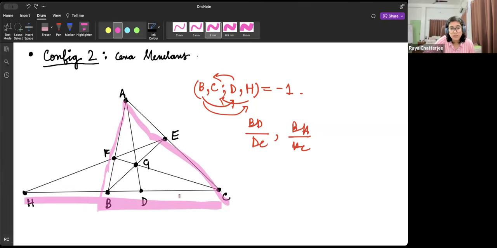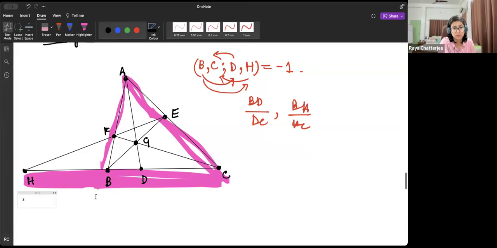That's Menelaus for you. So if you know the ratios BF by FA and AE by EC, which you know by Ceva, you can say that CH by HB is something that's related to those two ratios.